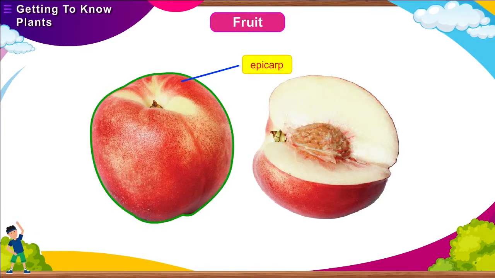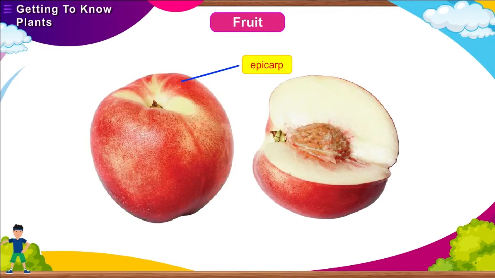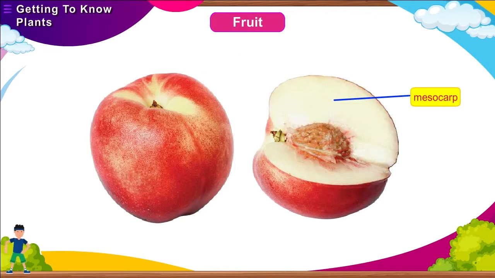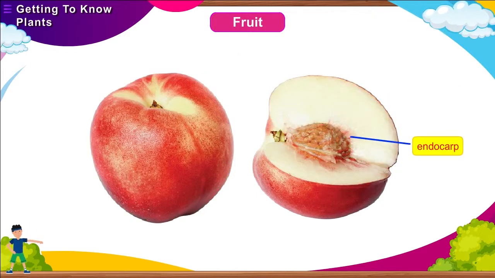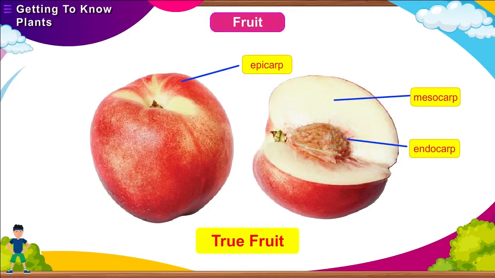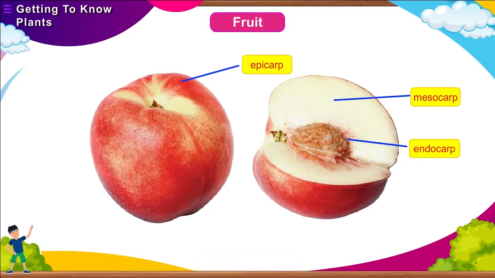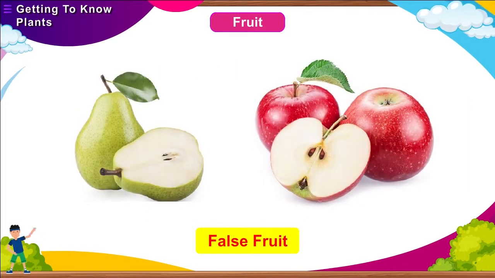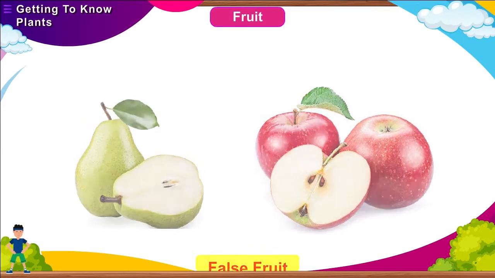Epicarp is the outermost covering or the skin of the fruit. Mesocarp is the fleshy part of the fruit. Endocarp is the hard layer enclosing the seed. A true fruit has all the 3 layers of pericarp, whereas a false fruit, example pear or apple, doesn't have these 3 layers.